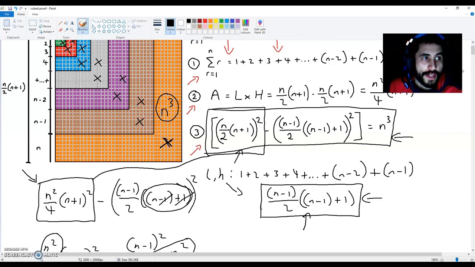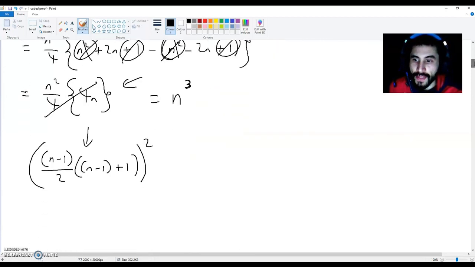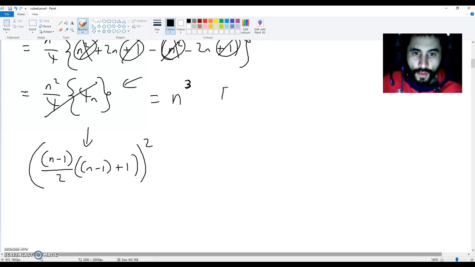So what we just need to do next is get the area of this brown square and subtract the area of the purple square from it. But what is the area of the purple square? Well, the purple square, alright, I'm just going to put this down over here.